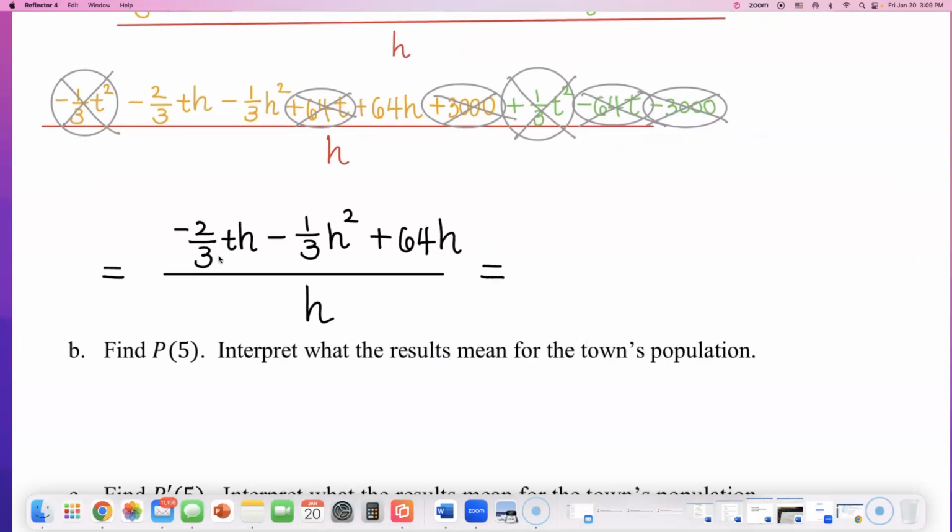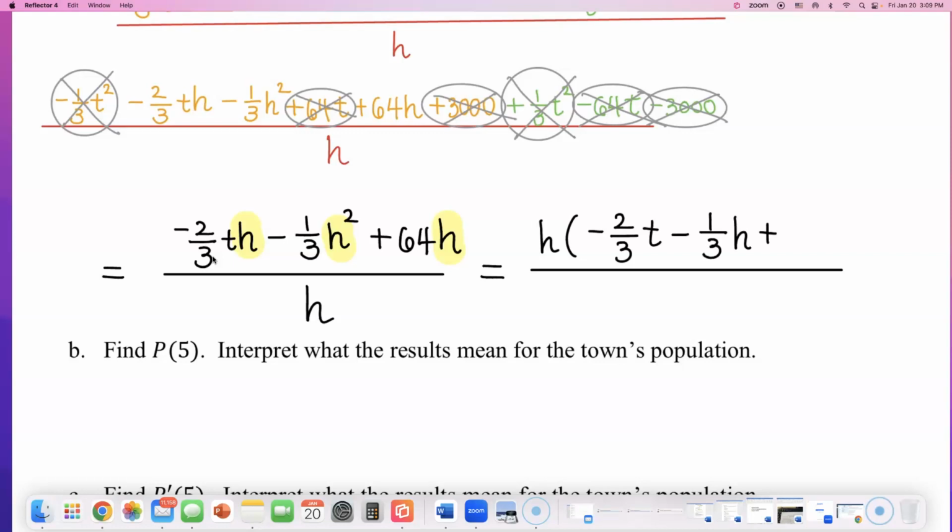And notice all of these terms on the numerator have h, right? So we're going to factor out that h to the front. If you bring out the h to the front, the inside will become negative 2/3 t minus 1/3 h plus 64.